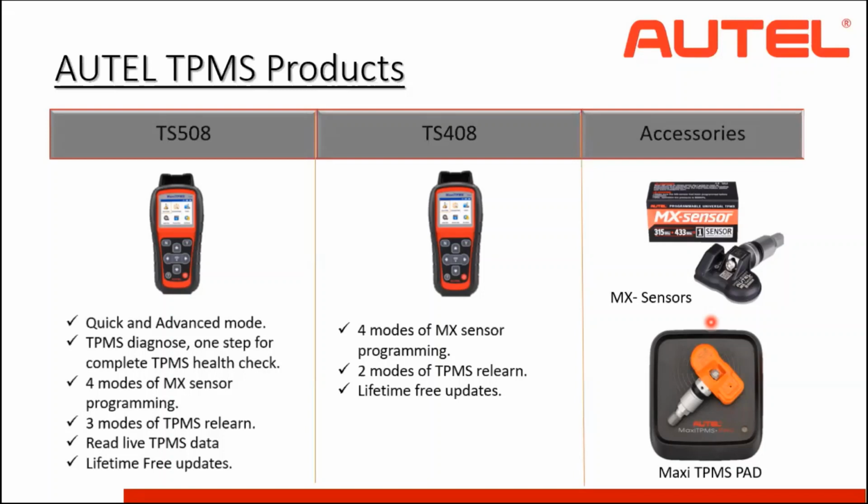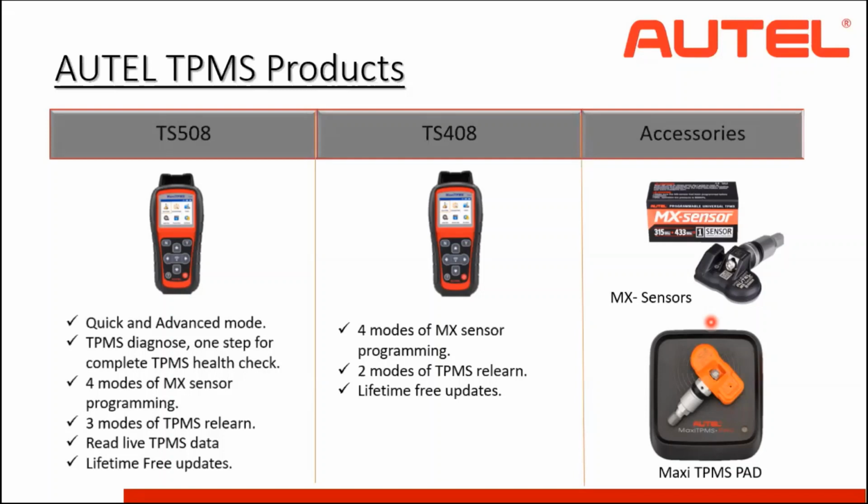So it can be programmed for both frequencies. Also, all the above 3 types of Autel MX sensors come with metal as well as rubber valves. And Autel sensors come with a patented valve press release design, which makes it more convenient to replace and much more durable compared to screw-in sensors.